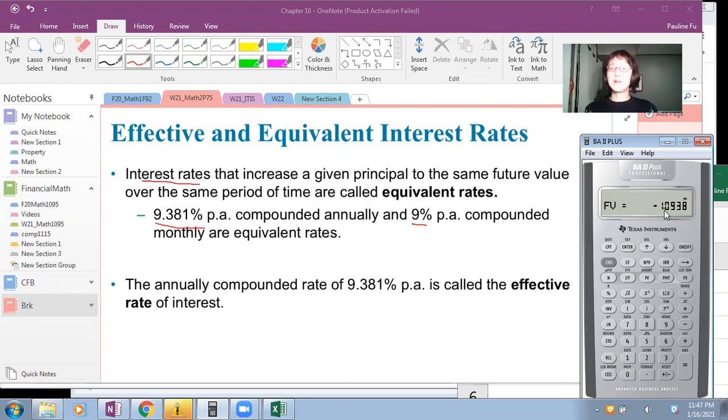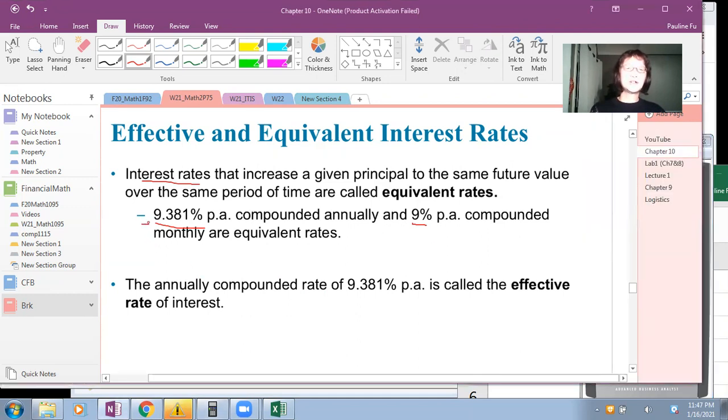So the future value of $1 is $1.09. This is the future value under this condition.